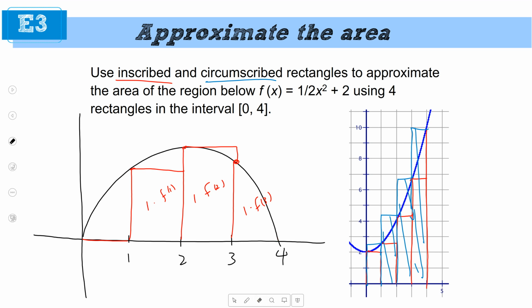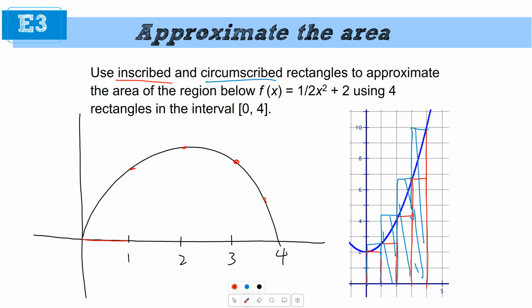Can I erase this without erasing everything? Let's see. I'll do some surgery here. Noah, inscribed or circumscribed? Circumscribed. Okay. So vertical segments again, circumscribed. If I'm going to do circumscribed, all my rectangles have to be above the function. So if I come across here from the left, it's going to be below, so I've got to come across from the right.